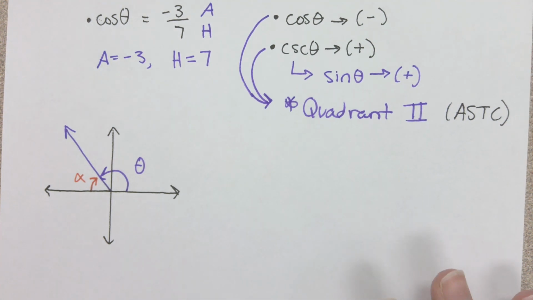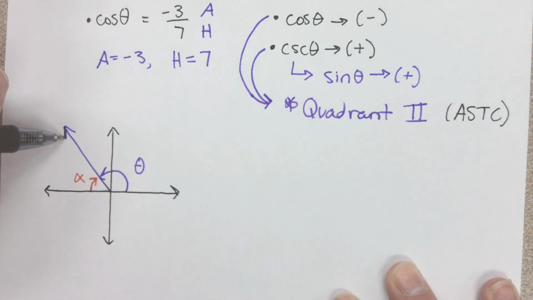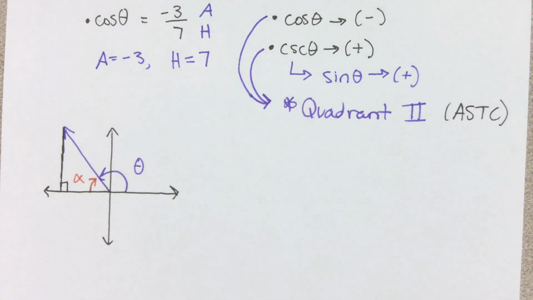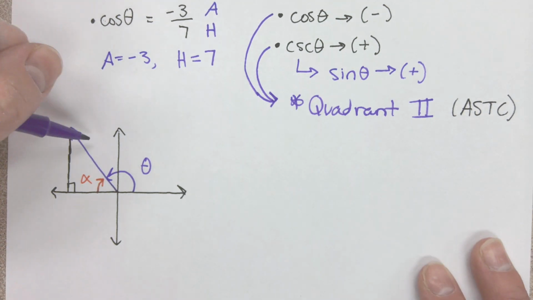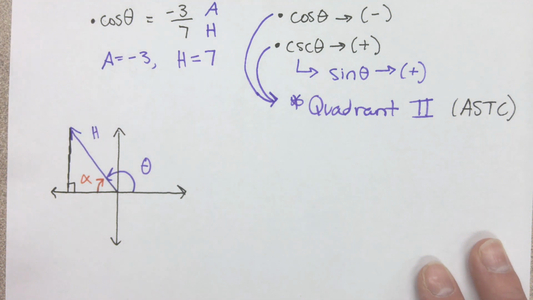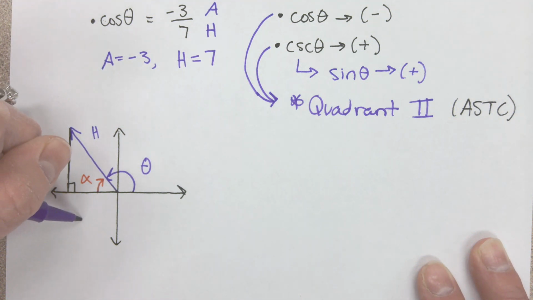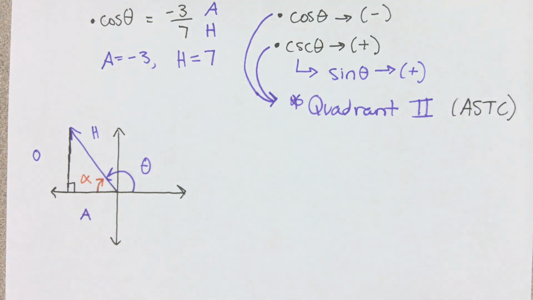And now we can finish off the triangle. I'll go ahead and label HOA. Hypotenuse, O is always on the vertical, A is always on the horizontal.